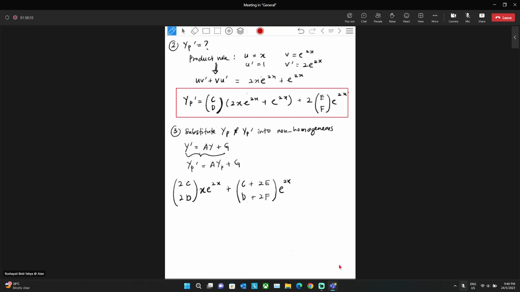Okay, this is for y prime equal to, saya nak buat warna pink, equal to A. Your A just now is 7, -1, -10, 4.